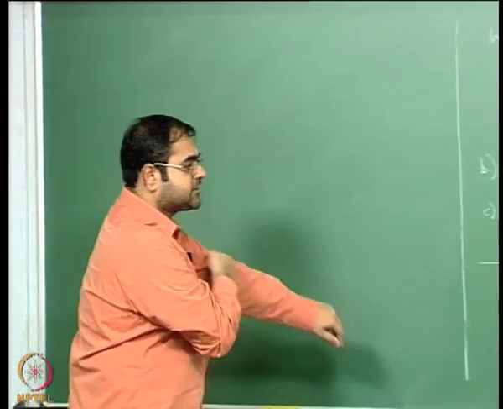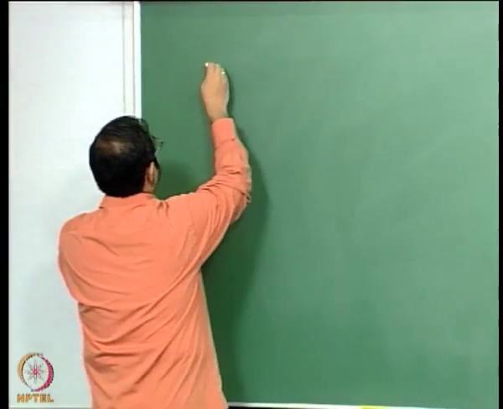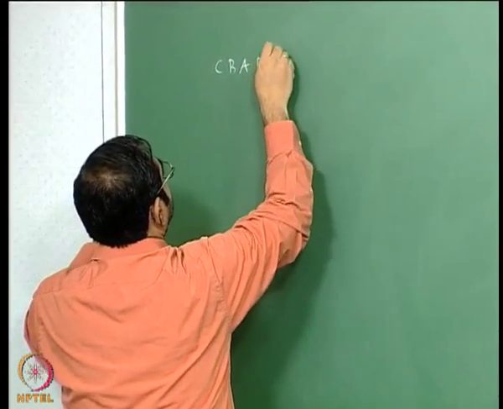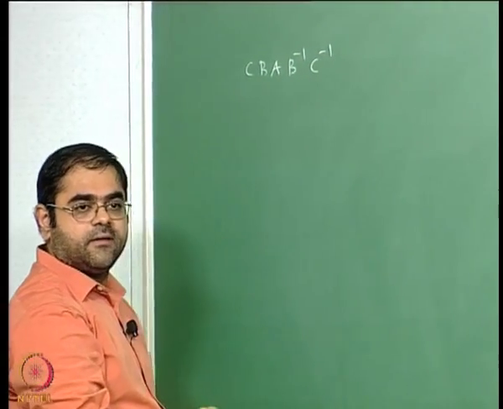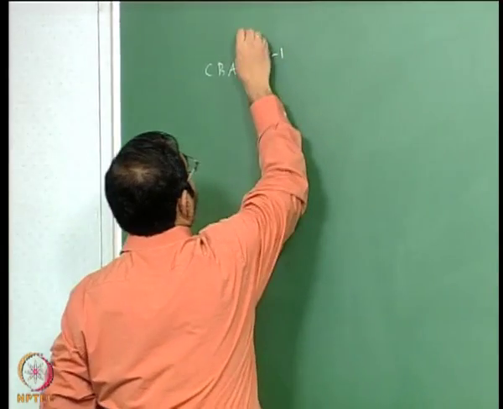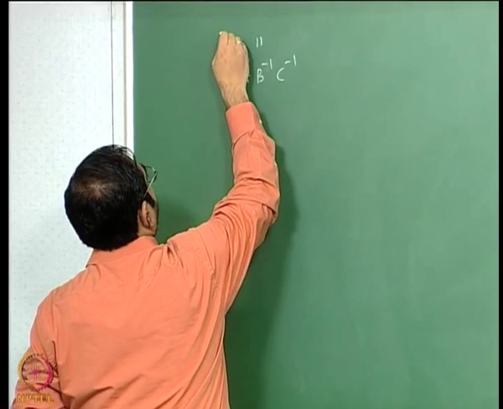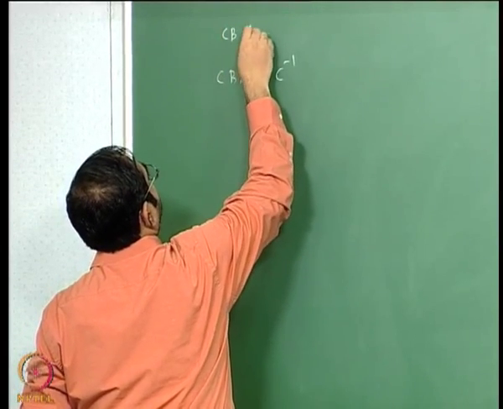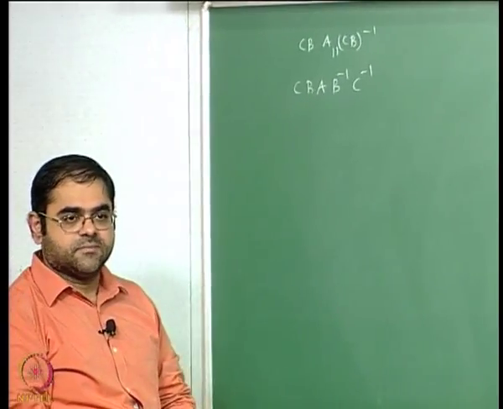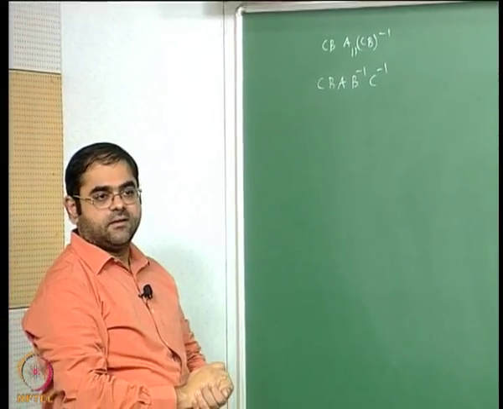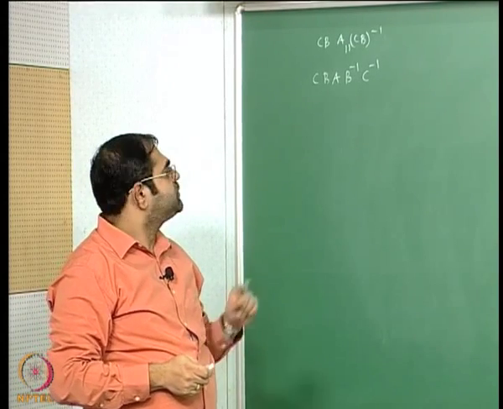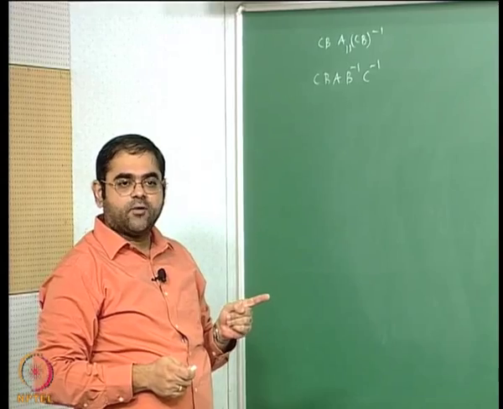So if I take C B A B inverse C inverse, which is incidentally also the same as C B A (C B) inverse, since (C B) inverse is B inverse C inverse, then you will see its two fixed points are going to be 0 and infinity.